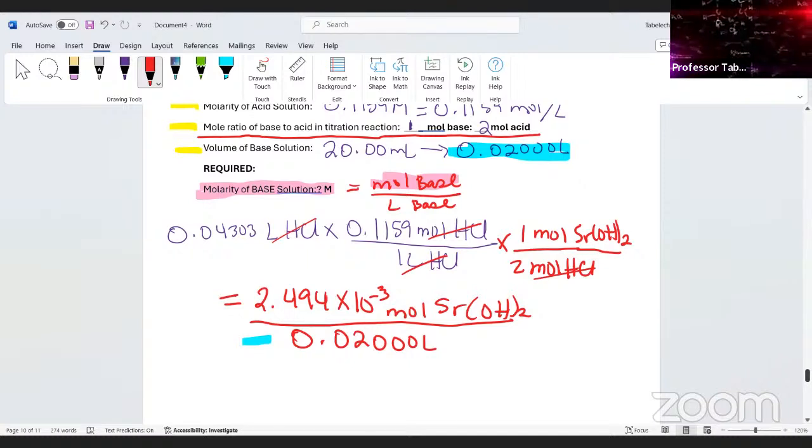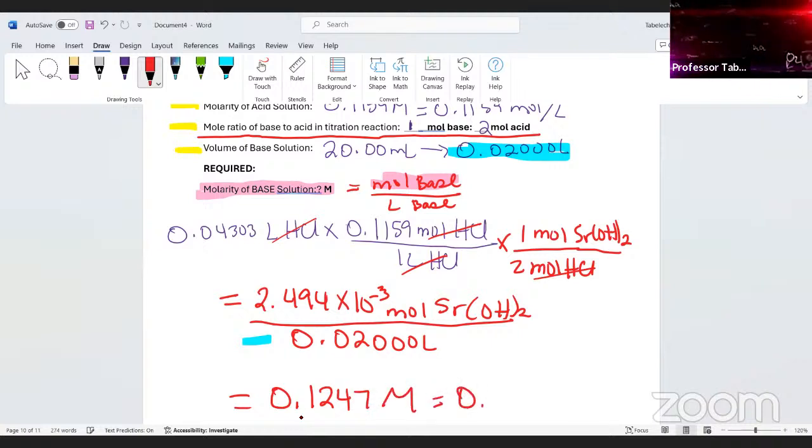And when I divide those two, that gives me 0.1247 molarity. Or you can say 0.1247 moles per liter. They mean the same thing.